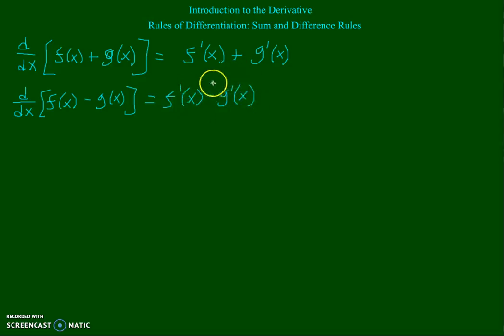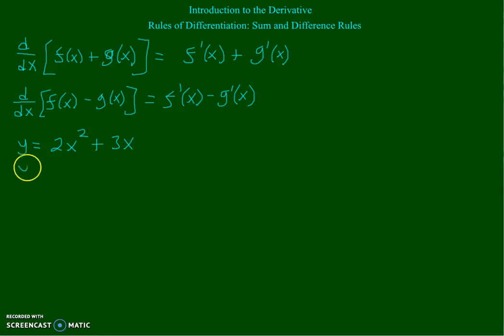You may wonder, what is it that we're talking about here? Let's take a look at a fairly simple example. y equals 2x squared plus 3x. Now, if we relate this to this expression up here, we can consider this our function f and this our function g.